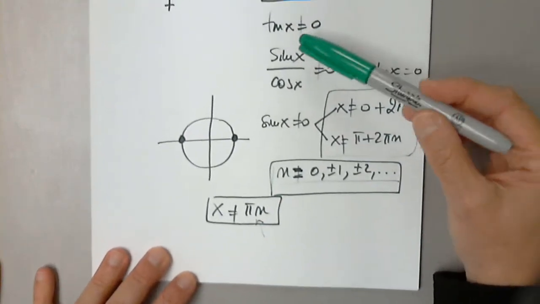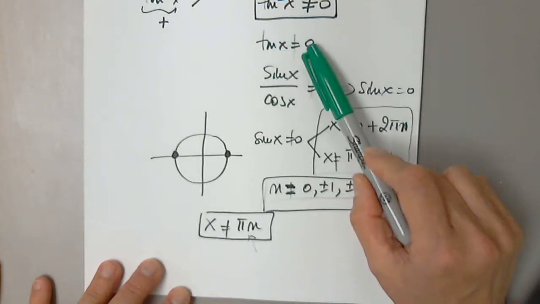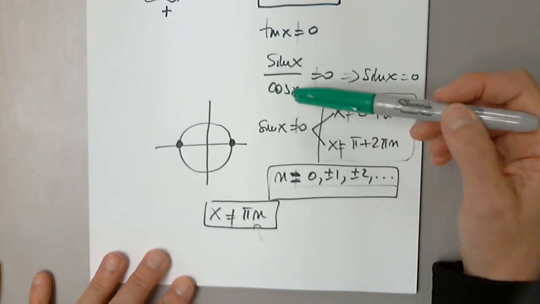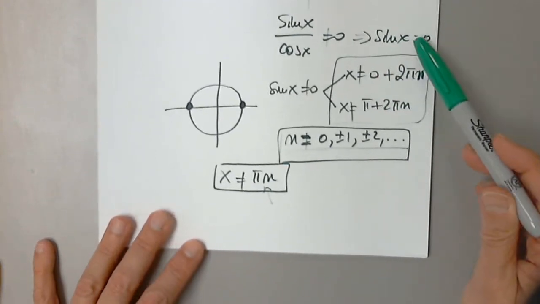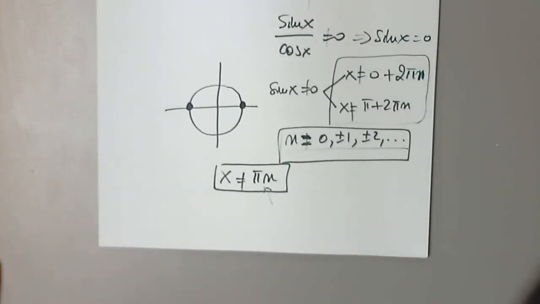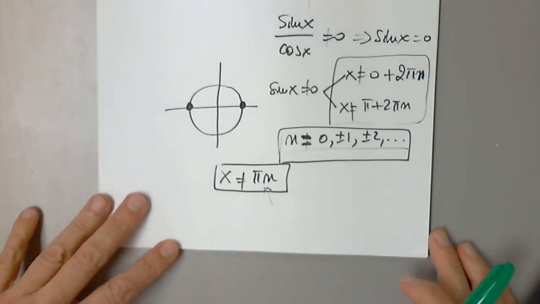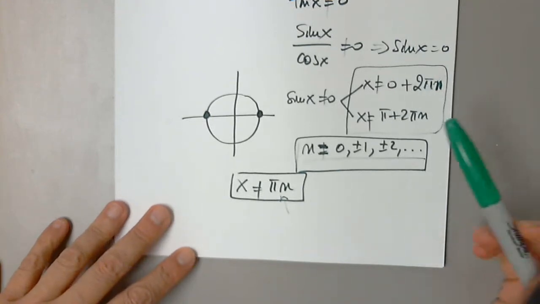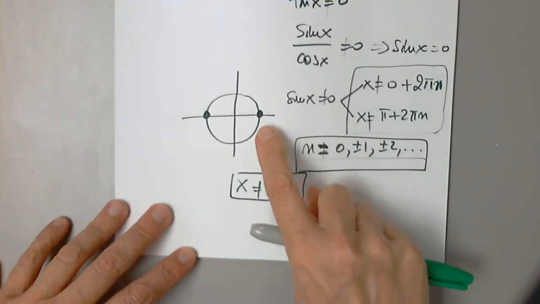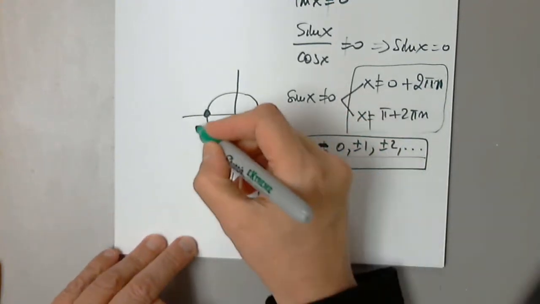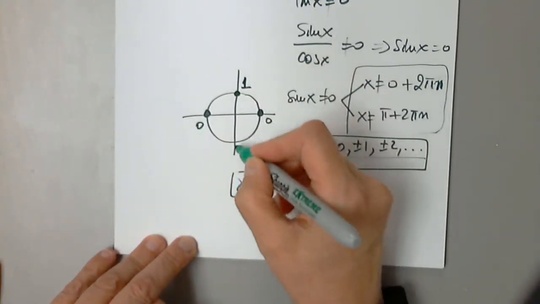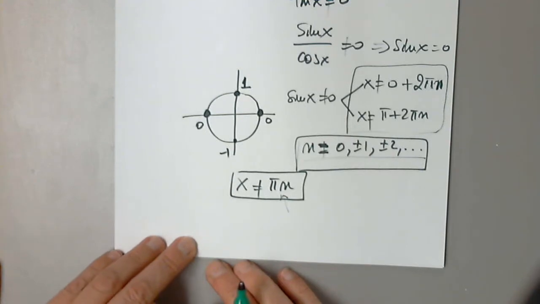So we solved. I don't care for tangent. I changed it into sine over cosine. I know a fraction is 0 when the top is 0. Always keep it as simple as possible. You don't need tangent, cotangent, secant. Go back to sine and cosine, the simplest possible trig functions. So sine cannot be 0. Sine is 0 here, and here. It's 1 here, and it's negative 1 here.